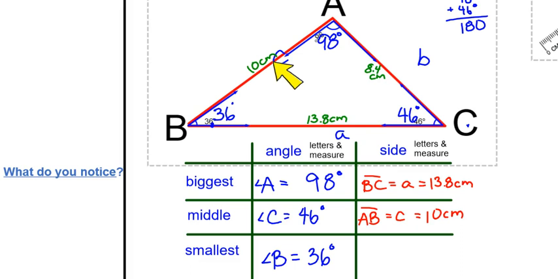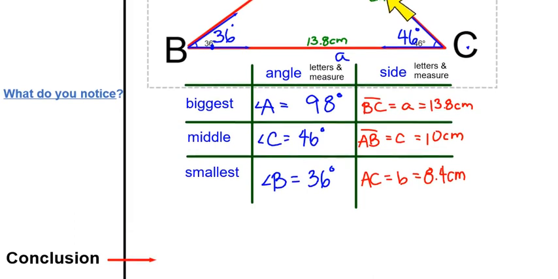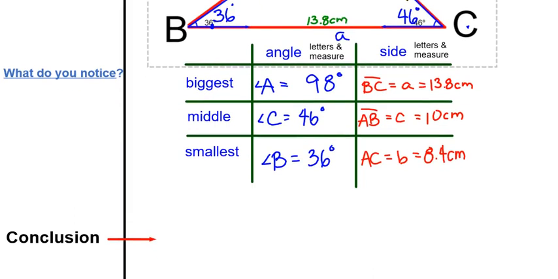And then the last one has to be this guy right here. And we can say that AC, remember, it goes from the A to the C, AC, which is equal to little b, is equal to 8.4 centimeters. And from there, we need to decide if there's any conclusion that we can draw.